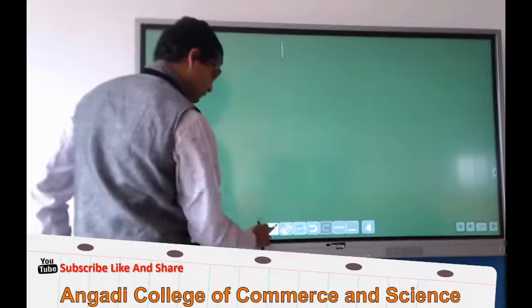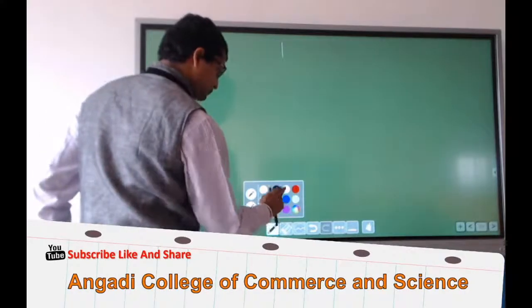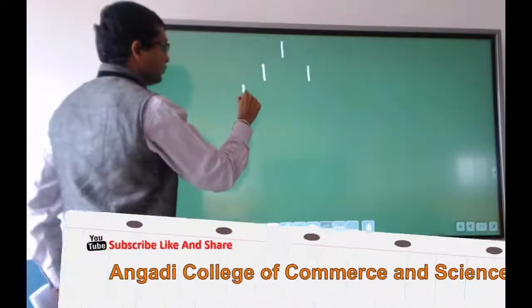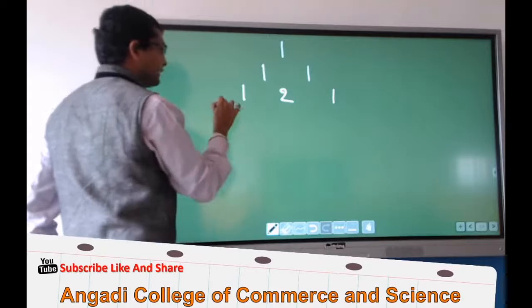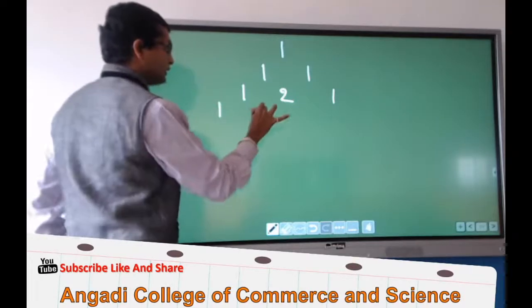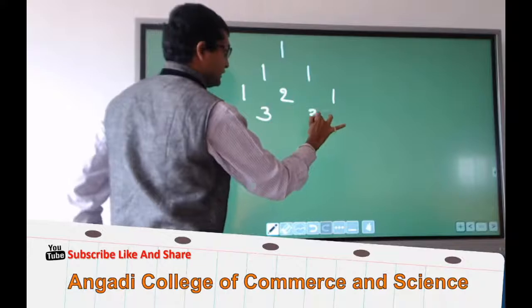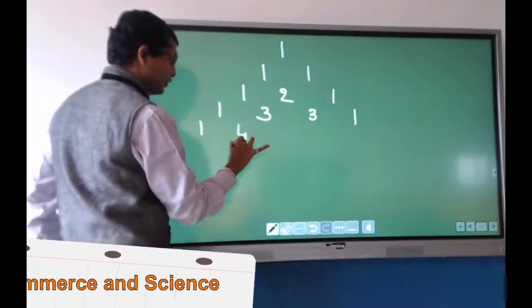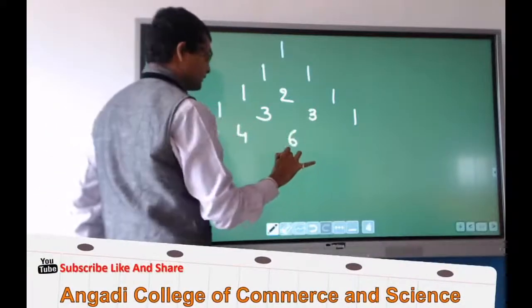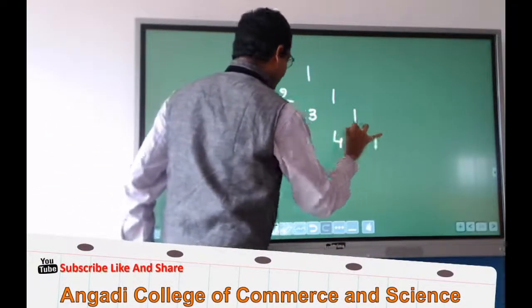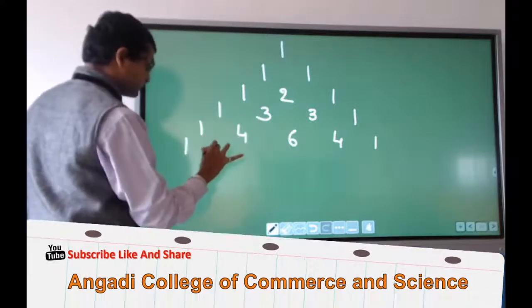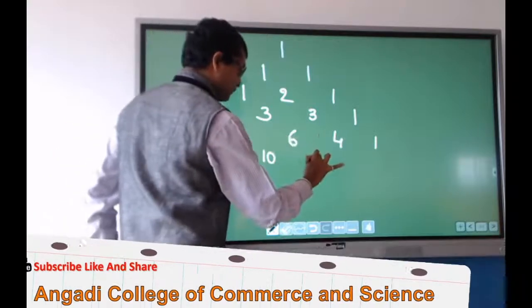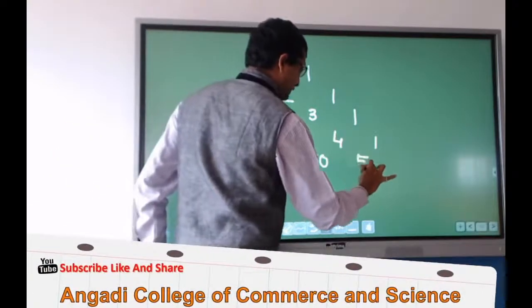Here it is a 1, here it is 1, 1, 1, next 1, 2, 1, next 1, 3, 3, 1. 1, 3 plus 1 is 4, 3 plus 3 is 6, 3 plus 1 is 4, 1. So this is 1, 1 plus 4 is 5, 4 plus 6 is 10, 6 plus 4 is 10, 5, 1.